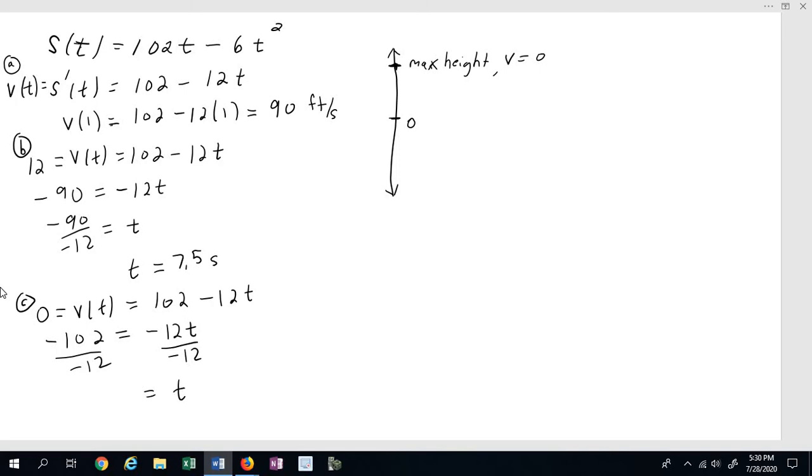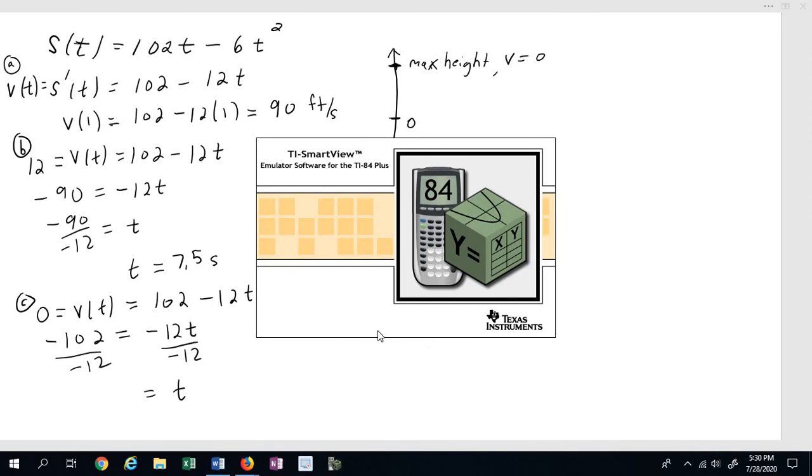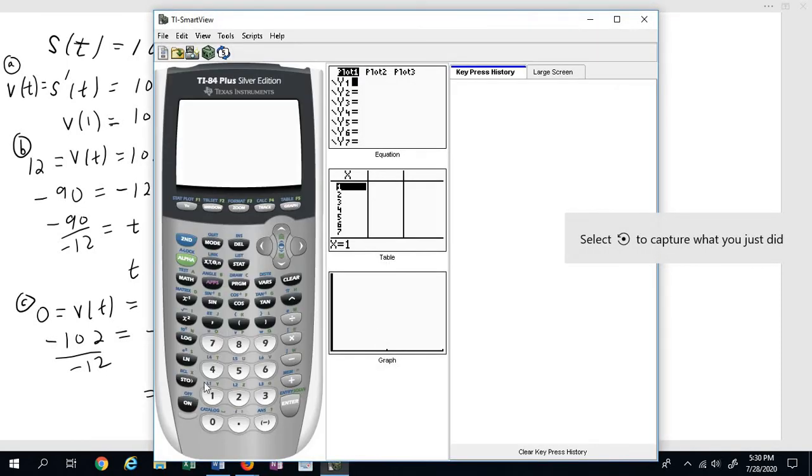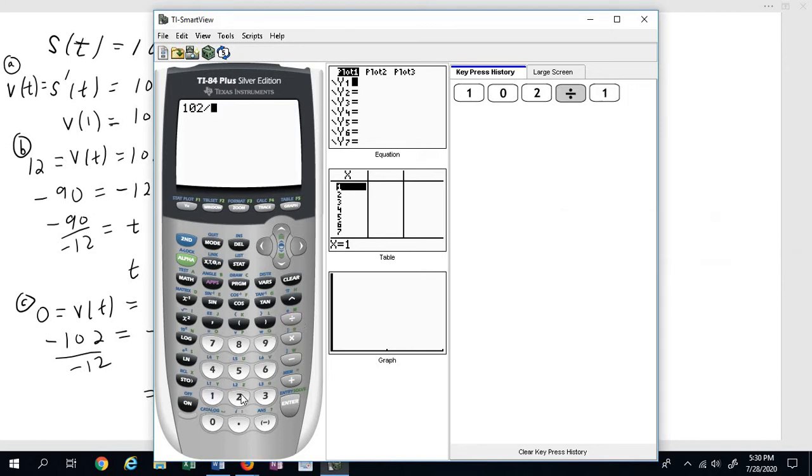Okay, and so it's 102 divided by 12. Now let me see what that is on the calculator. So I'm just going to pull up the calculator and see. So 102 divided by 12 is 8.5. So 8.5 seconds.